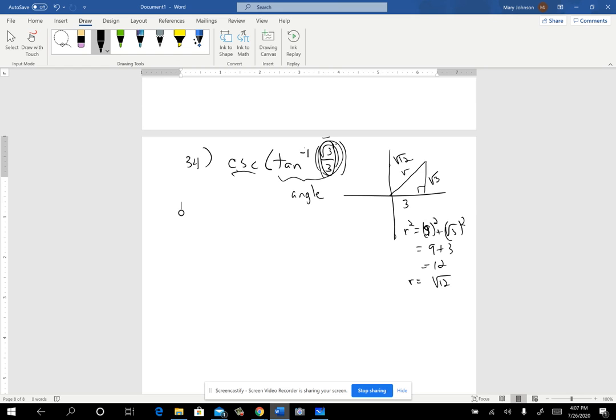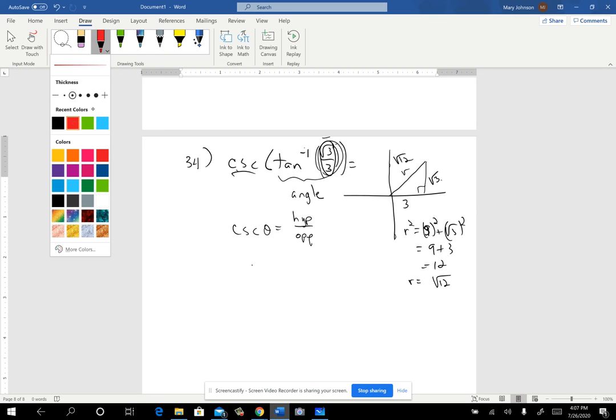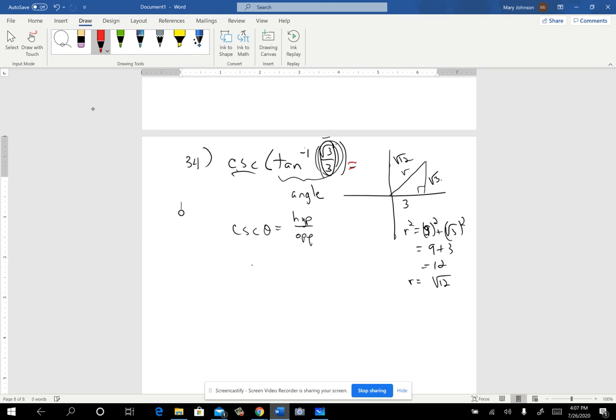I can think about cosecant being related to sine. Sine is opposite over hypotenuse, so cosecant would be hypotenuse over opposite. Or you could do the sine first and then take the reciprocal. So the cosecant of this angle would have to equal, opposite is square root of 3, hypotenuse square root of 12.